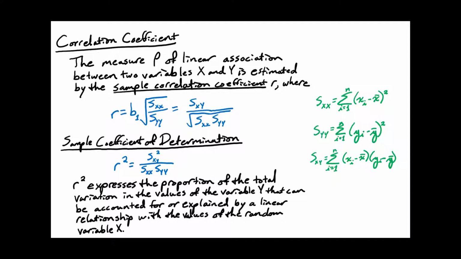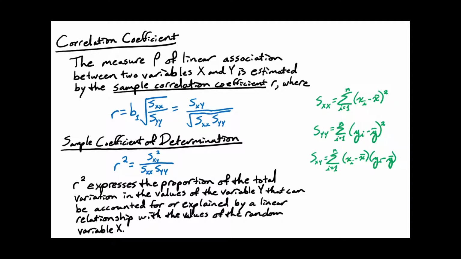So we have r equals b1, our coefficient b1, times the square root of s sub xx divided by s sub yy. Now what this is, it's the sum of the variance in our x values and our y values.